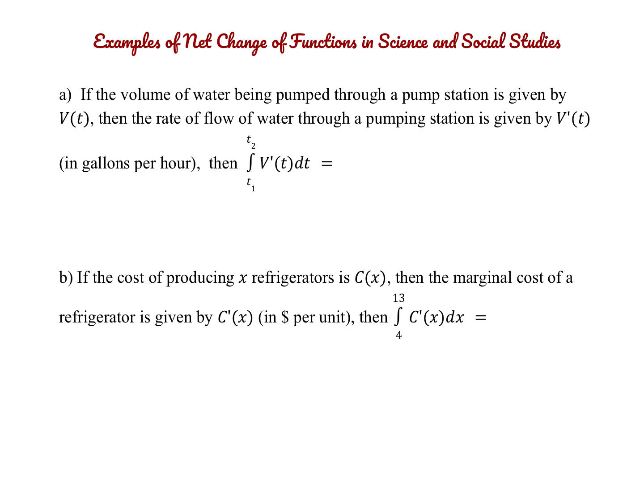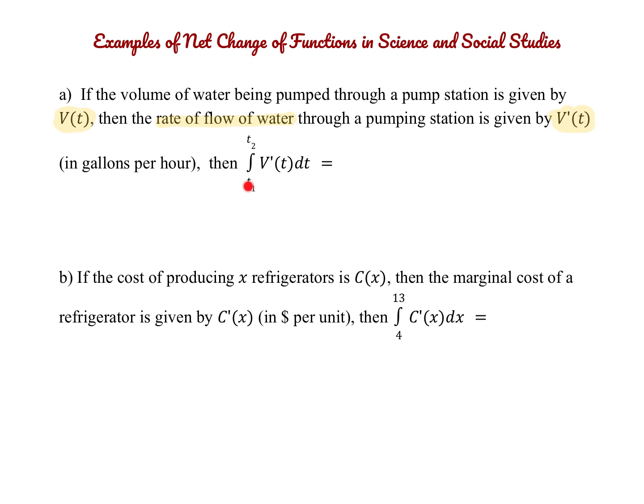So I want to look at some examples or applications of net change in science and social sciences. Let's take a scenario where the volume of water being pumped through a pump station is given by the function V of t. Then the rate of flow of the water would be V prime of t. Remember, the first derivative represents the rate of change of the original function, and this would be in gallons per hour.